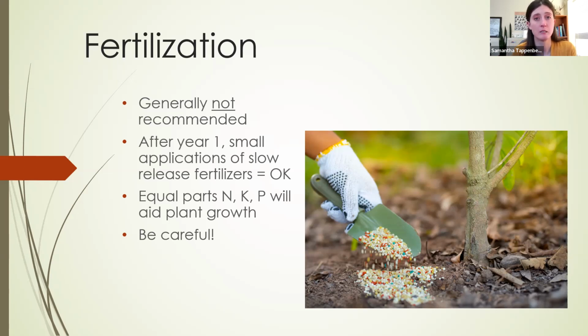Seedlings are very susceptible to chemical burn. So if you're going to do that, make sure you follow application rates very carefully. But generally, if you're planting native species, again, they're adapted to the growing conditions in this area. They should not need chemical synthetic fertilizers. I would say instead focus your efforts on good site preparation and then managing competition around your seedlings.